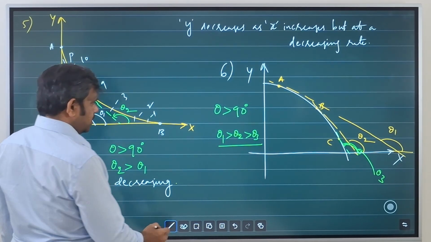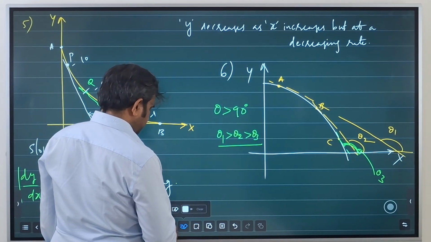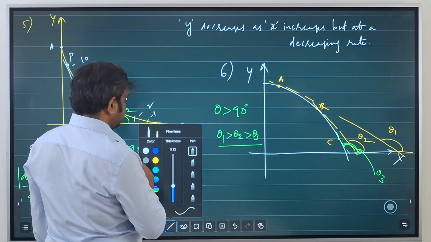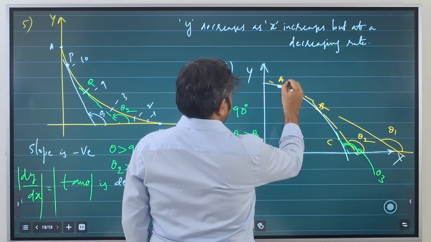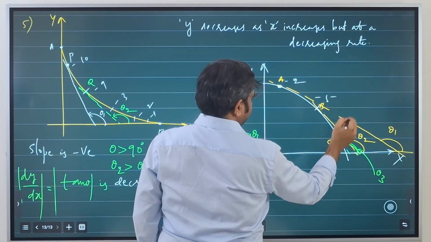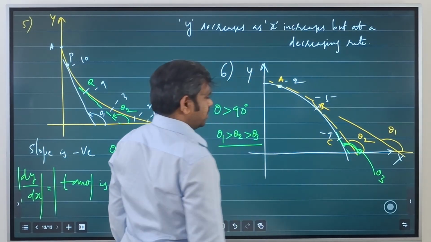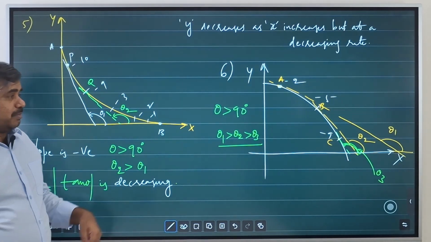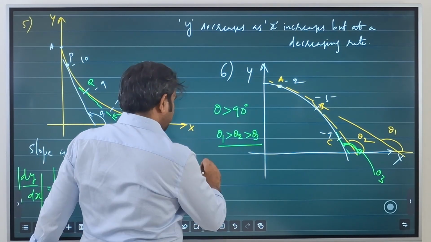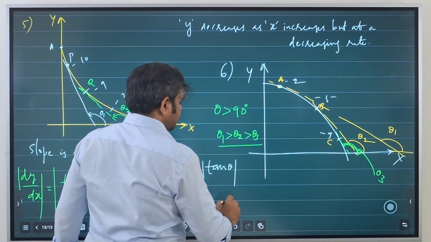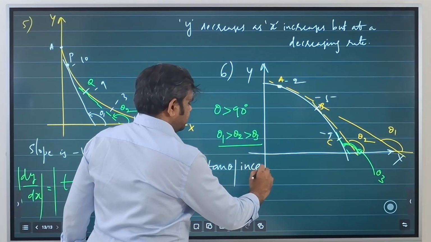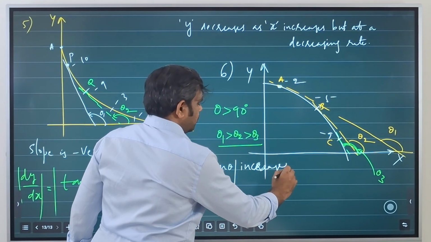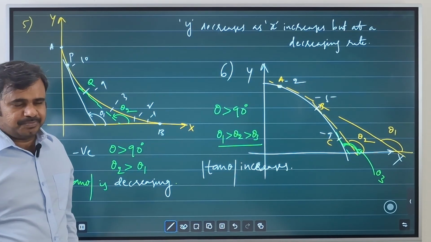If I have to give some numbers here, slope is -2, maybe here -5, here maybe -9. It means the magnitude of slope, or the magnitude of tan theta, increases as x increases.